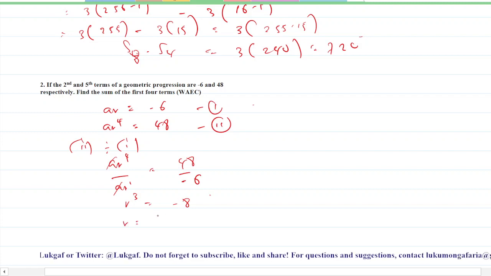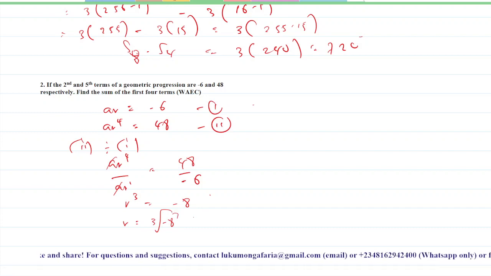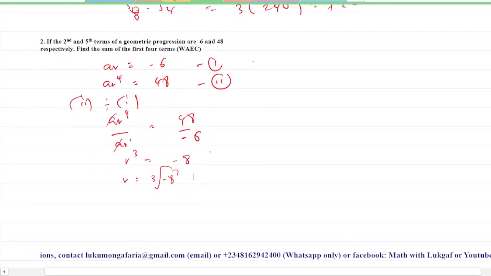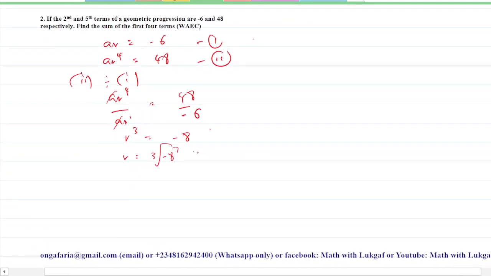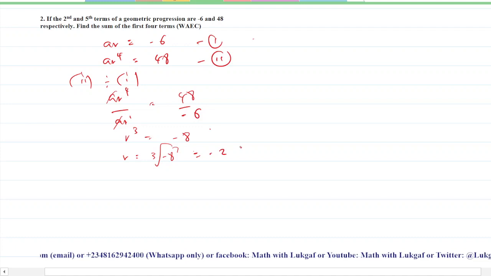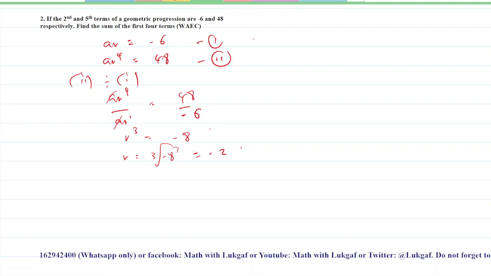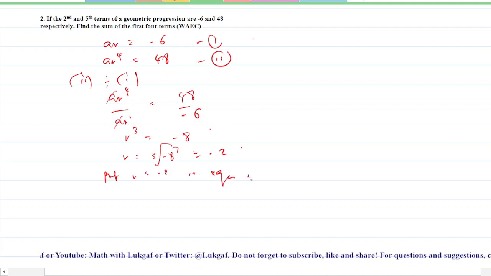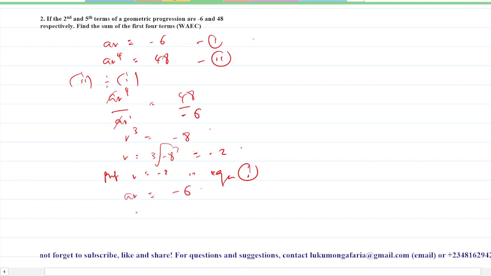Then your R is the same thing as the cube root of -8. That is, what is the number you are going to multiply by itself 3 times to give you -8? That's nothing but -2. Then your R is equal to -2. So since I know that my R is equal to -2, you can put R equal to -2 in equation 1. If you put R to be -2 in equation 1, then you have AR is equal to -6.